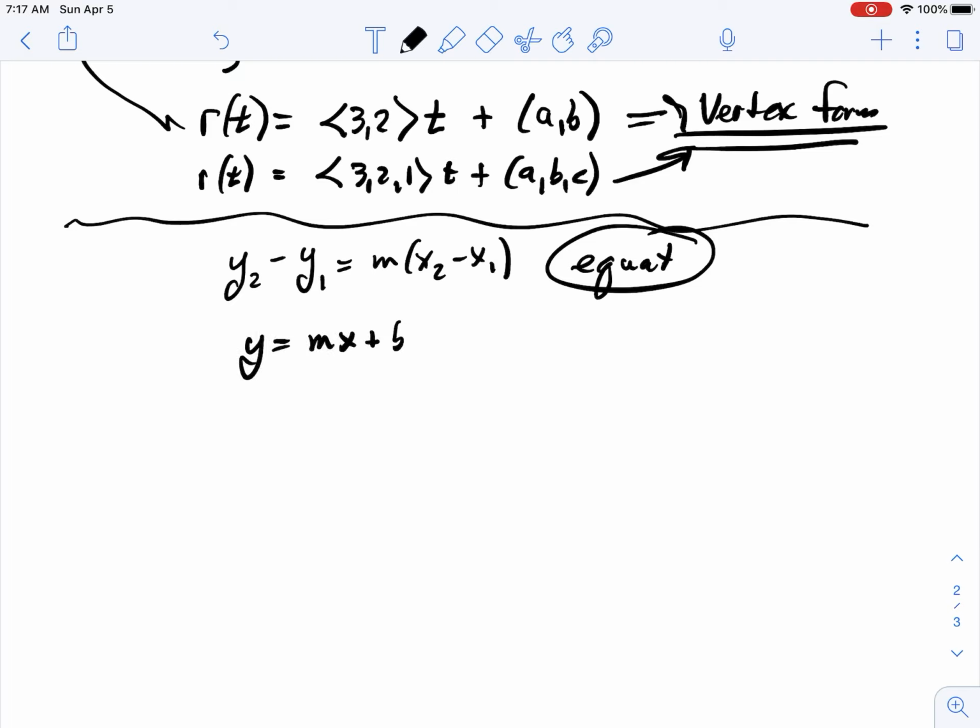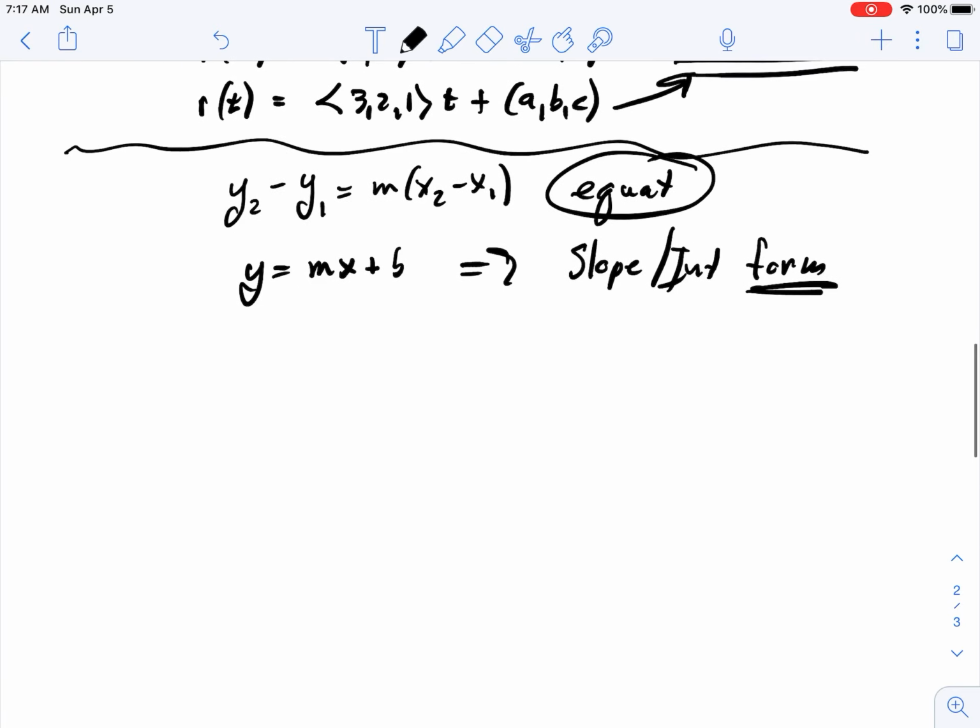We have y equals mx plus b, which implies the slope-intercept form.